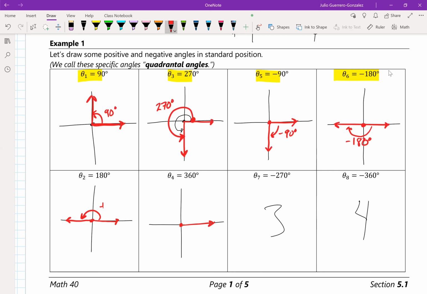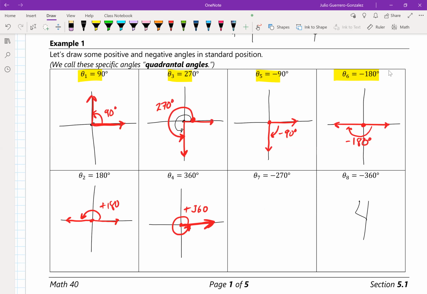Okay, for that one, the two arrows on the same line, exactly. Your initial side is going to be exactly on top of the terminal side, and the way that you argue that is you go one full rotation. That's how you got that, right? Yep, there it is. This is the positive 180, 360.